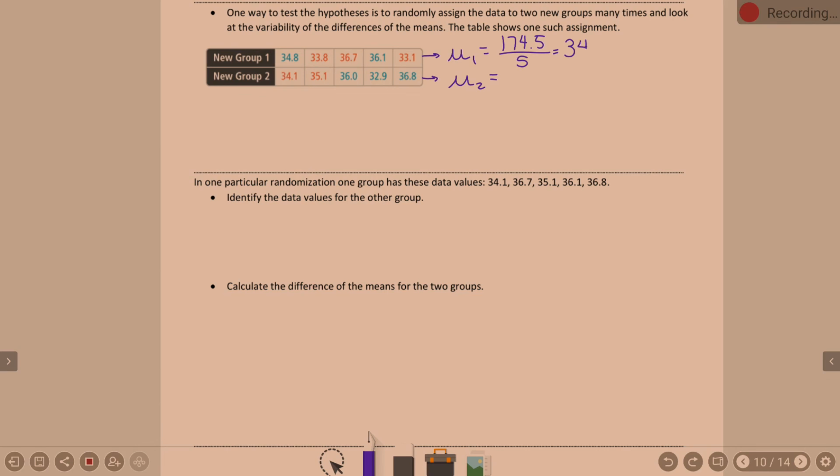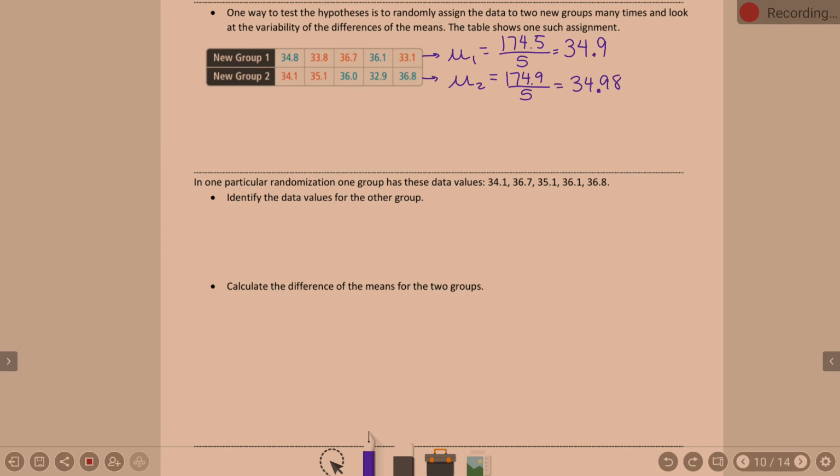The math was 174.5 divided by 5. What about the second group? We get 34.98, which is 174.9 divided by 5.